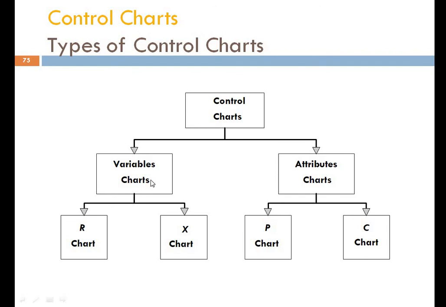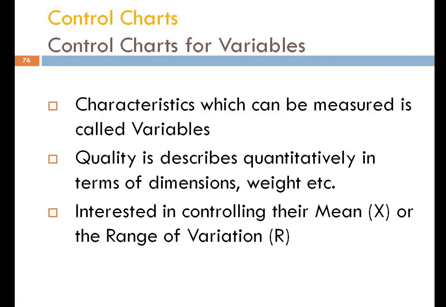Before we go to the R and X chart, P and C chart, let us find out what we mean by variable charts and attribute charts. Control charts for variables: characteristics which can be measured are called variables, right? We can have something like A equal to 22, B equal to something, C equal to anything. So A, B, C, these are variables. When we can assign a certain constant value to any of the variables, we refer to them as variable charts.